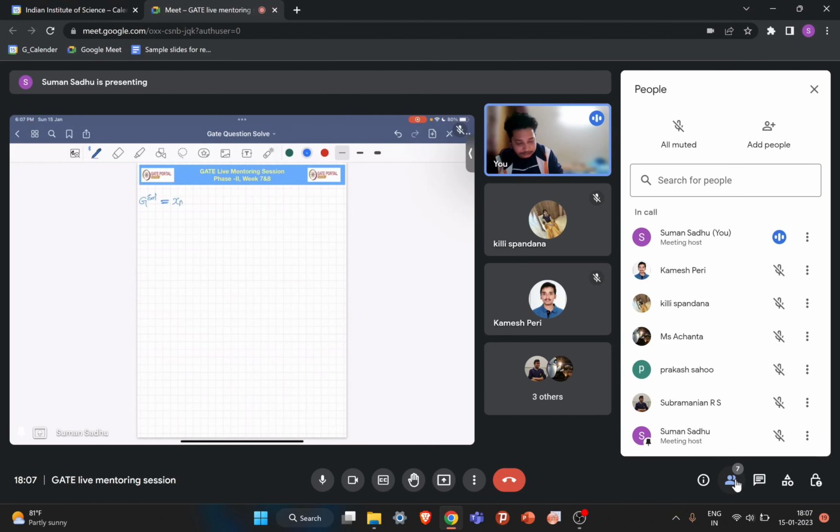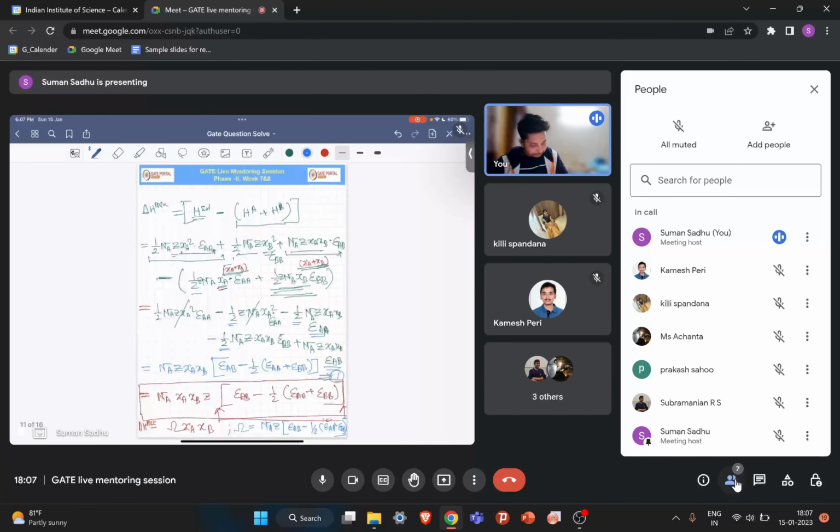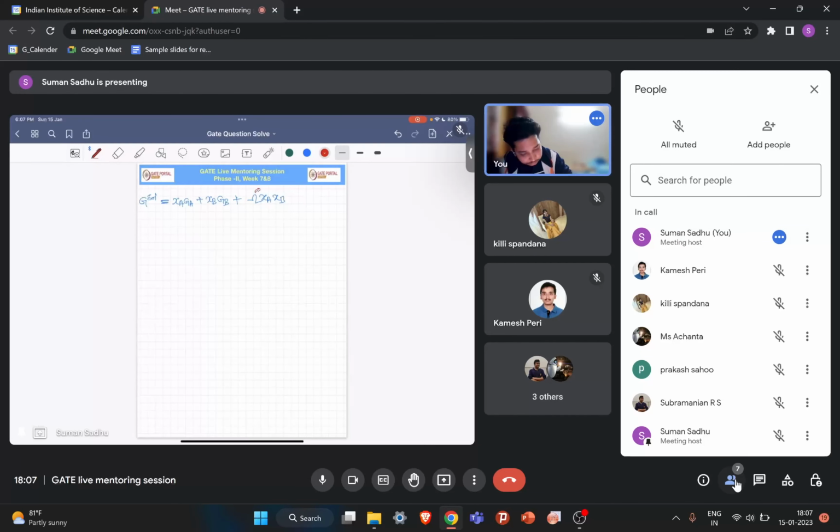It will be XA GA plus XB GB plus delta H mix, which is omega into XA XB. This term I am writing as omega; it is called the interaction parameter. And plus the entropy term, that is RT XA ln XA plus XB ln XB.